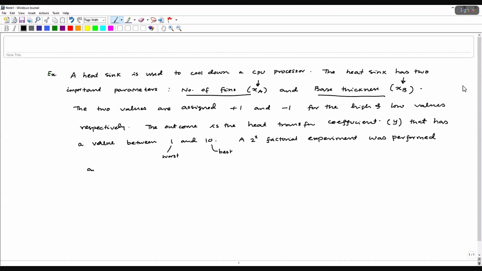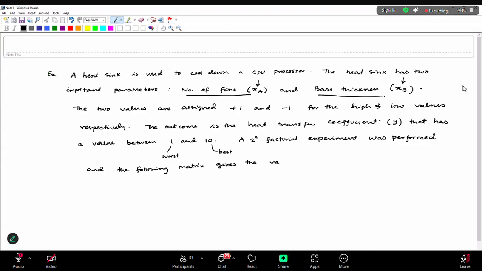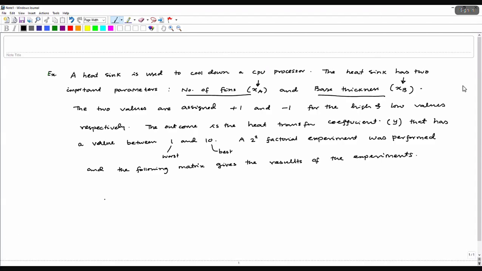And the following matrix gives the results of the preliminary experiments. So this is the result.